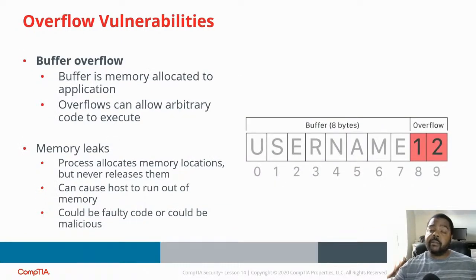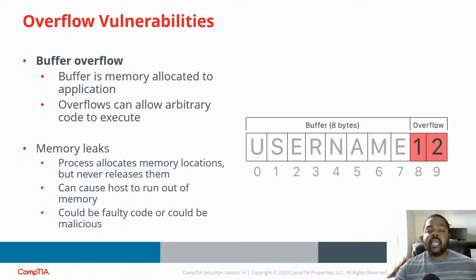Now, when we're talking about developing an application in-house, we're talking about building code. And like I said before, we want that input validation. We want to make sure that code is actually validated by someone else who did not write the code. This way we could prevent things like buffer overflow, where we want a set number of characters to only go into, let's say, our username field, to give the example that you see here on the screen.